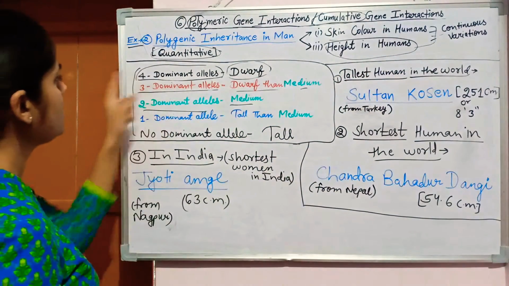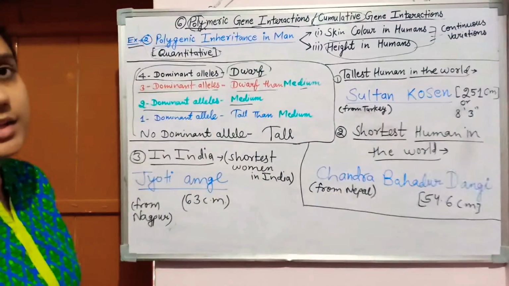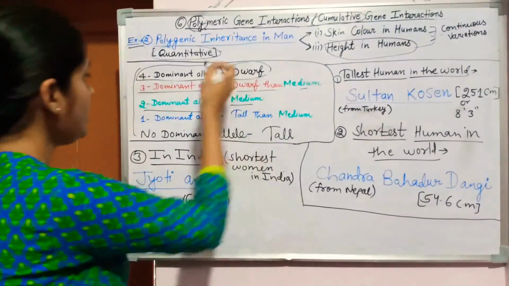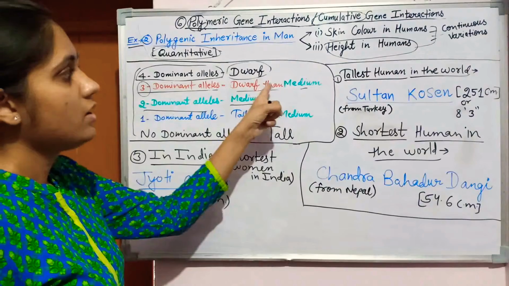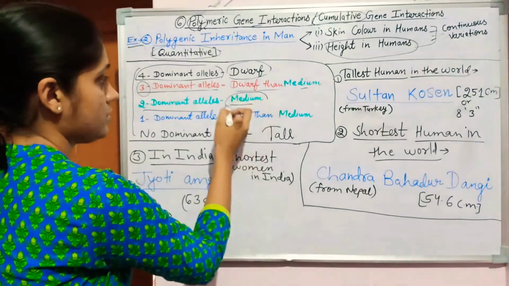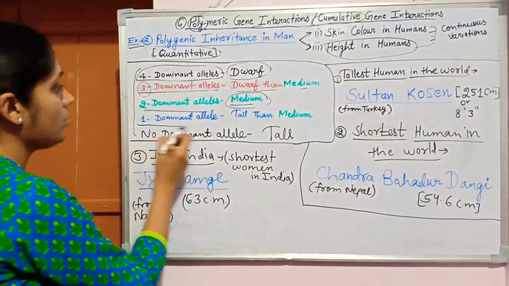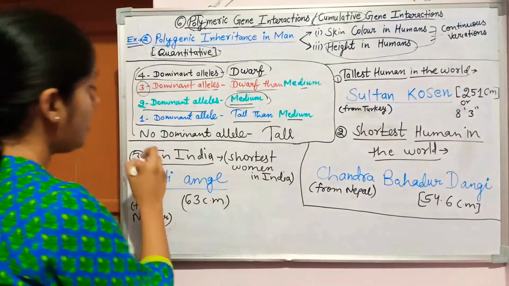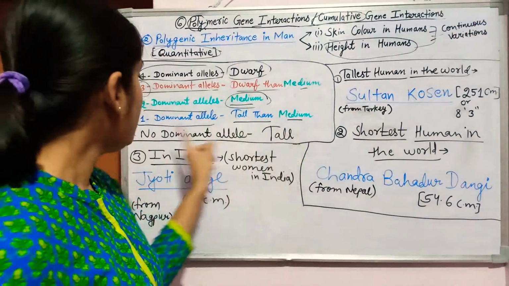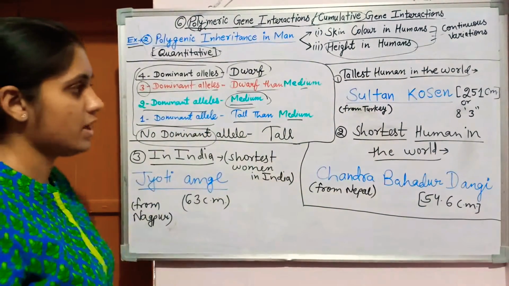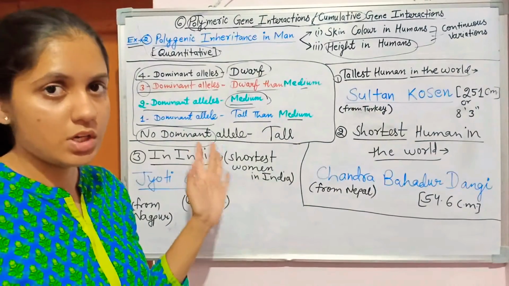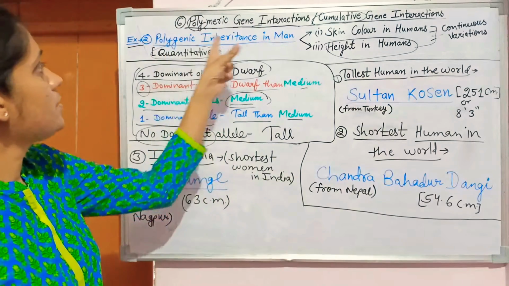So here you can see, when 4 dominant alleles are present in any genotype, then the person is dwarf in height, and if 3 dominant alleles are present, then the person is taller than dwarf but medium, and 2 dominant alleles, then medium height, and 1 dominant allele, then tall but medium, and the person is tall when no dominant allele is present. So it is genetic. Okay, so you can see the change in the phenotype of the F2 generation due to this inheritance. This is polygenic inheritance.